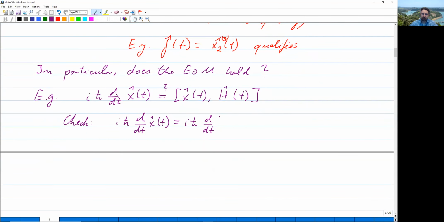So let's try this out. We put here a u hat dagger of t, and then this is the position operator at the initial time, and then u hat of t.